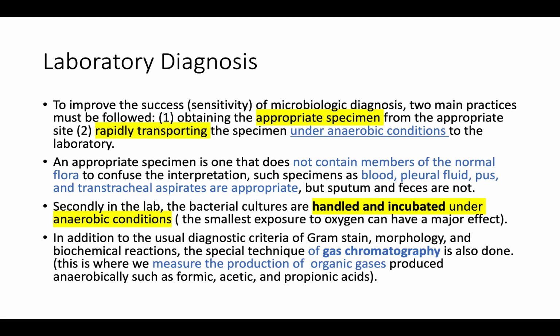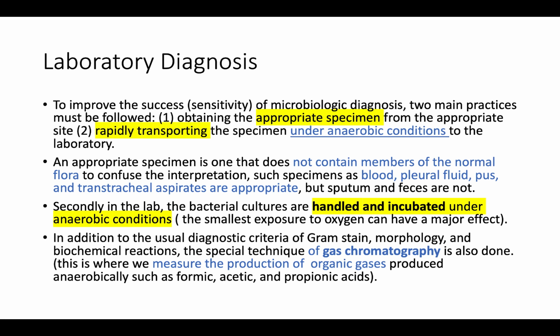The third thing will obviously be culturing in appropriate conditions to increase their number and increase the sensitivity of finding this infection. This is true for all bacteria, and it is a special request here for anaerobes. An appropriate specimen is one that does not contain any normal flora, such as blood, pleural fluid, pus, or transtracheal aspirate.